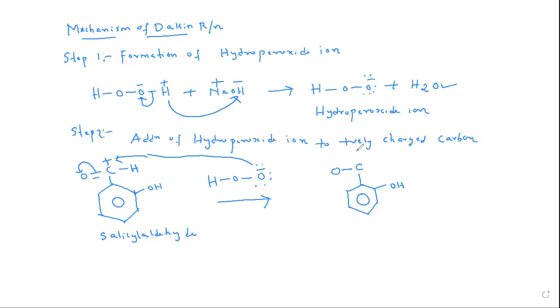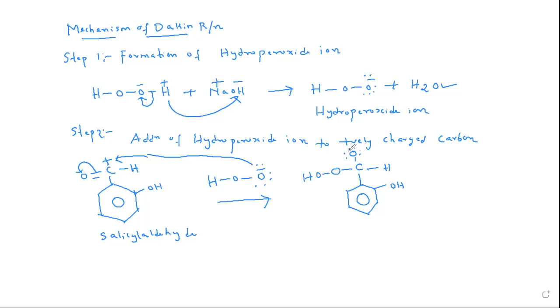So you are left over only with single bond. And here we'll be having hydrogen atom. And this is your hydroperoxide, and this is oxygen. Now this oxygen is having 3 lone pair of electrons.